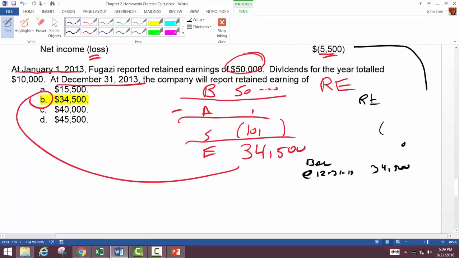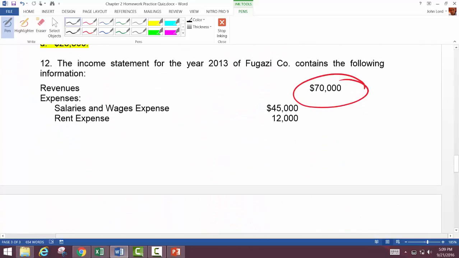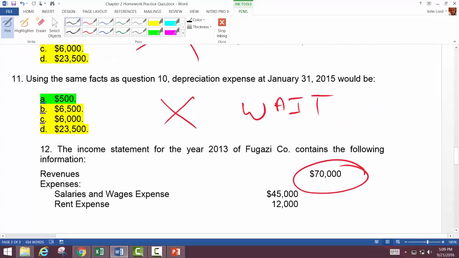All right, so that's pretty much Chapter 2's quiz. What we're going to do now is try to get through the slides for Chapter 3. I'm thinking we may even be able to start the homework, the quiz for Chapter 3, and I'll get you jump started on that.